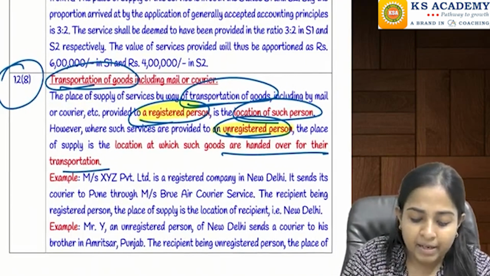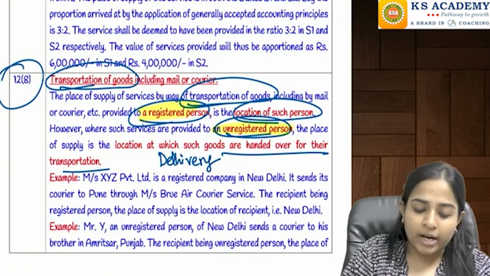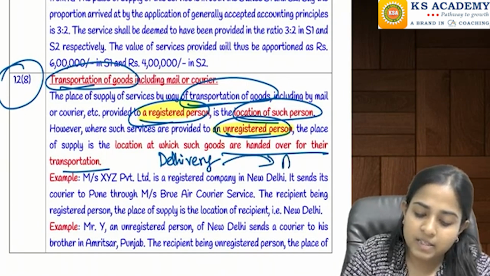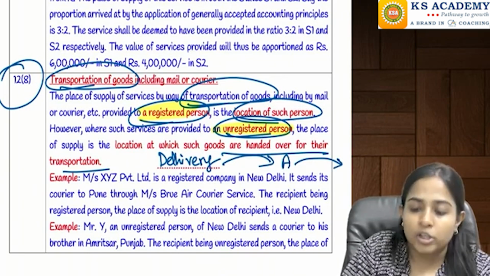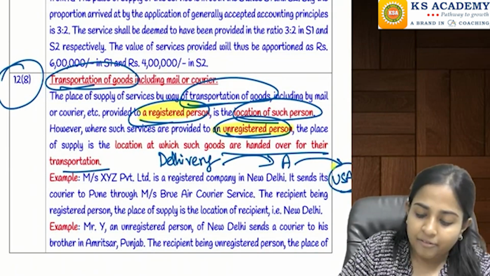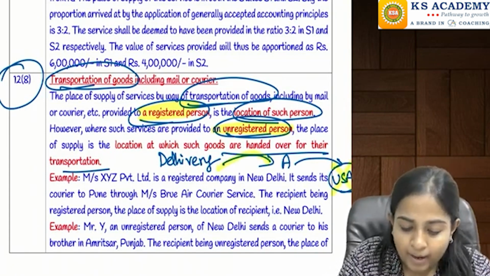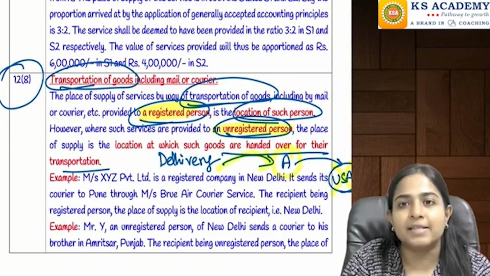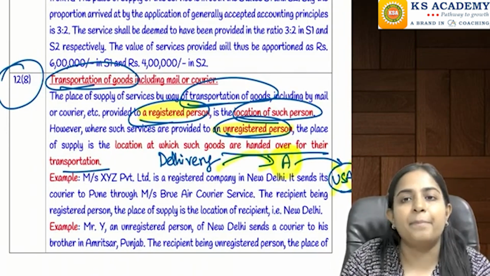Example: let's say there is a delivery company called Delivery. Delivery is providing services to Arpita, because Arpita wants to send some goods to USA. Then where I am sending the goods is totally irrelevant. Delivery is providing the service to a registered person, so the place of supply will be the location of such recipient.